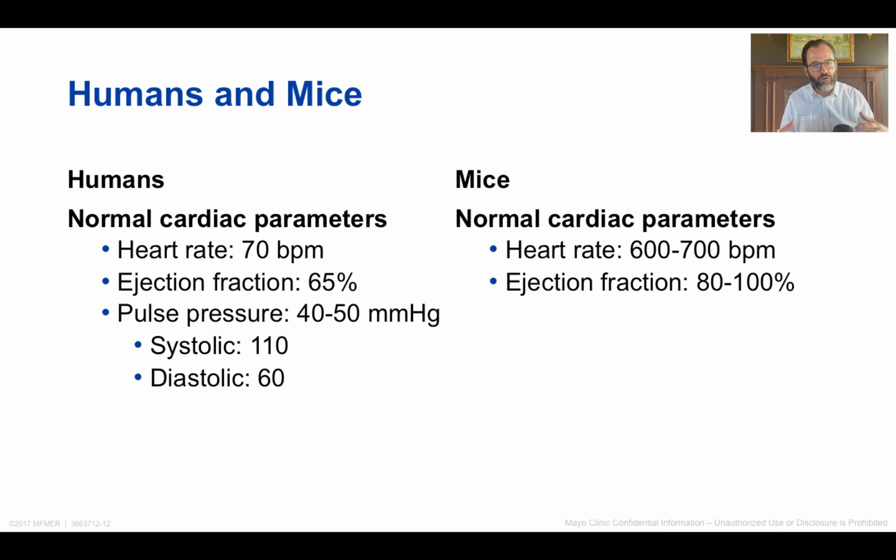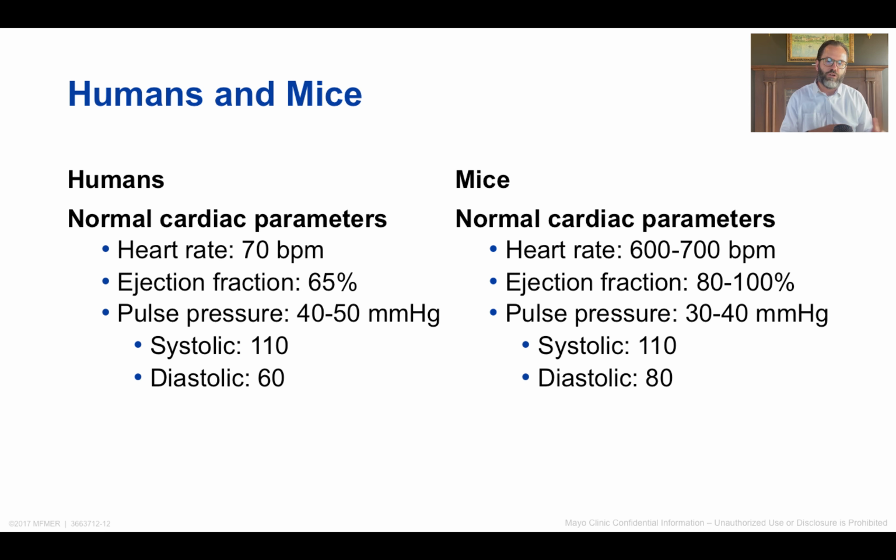Our pulse pressures are roughly 40 to 50 millimeters of mercury, systolic pressure maybe 110, diastolic 60. Of course, a lot of variance there depending on the person. Pulse pressure in mice is significantly smaller, 30 to 40 millimeters of mercury, with a very similar systolic pressure.